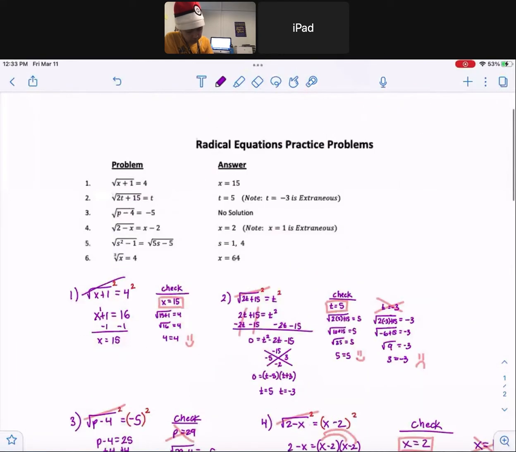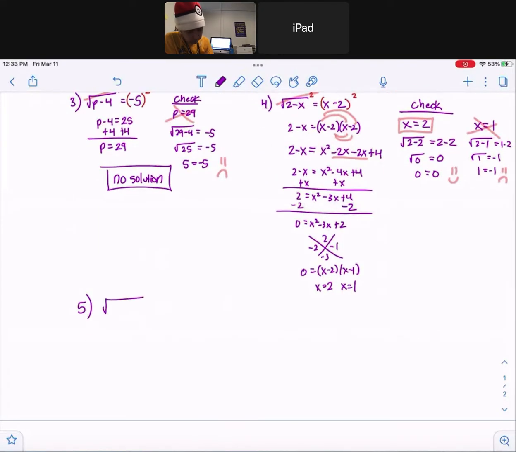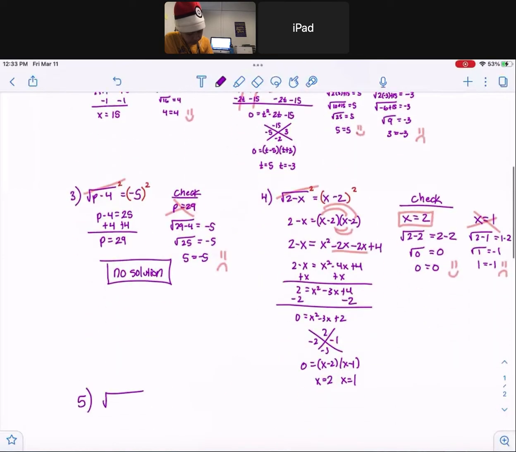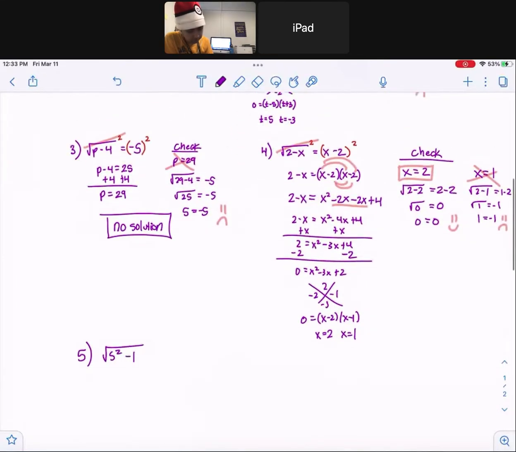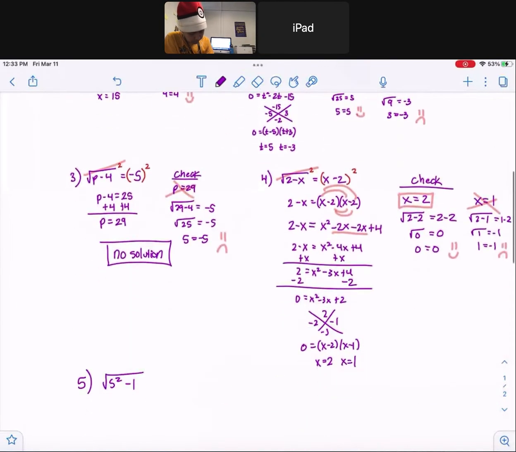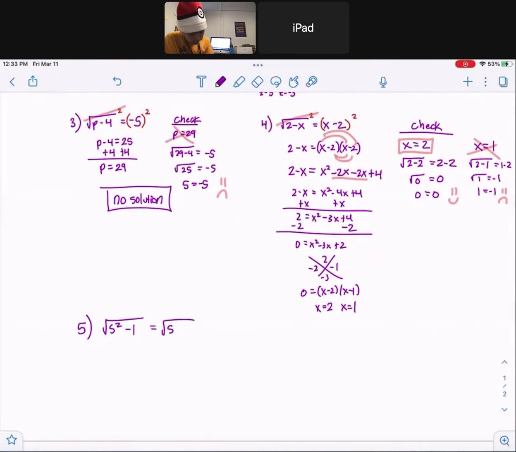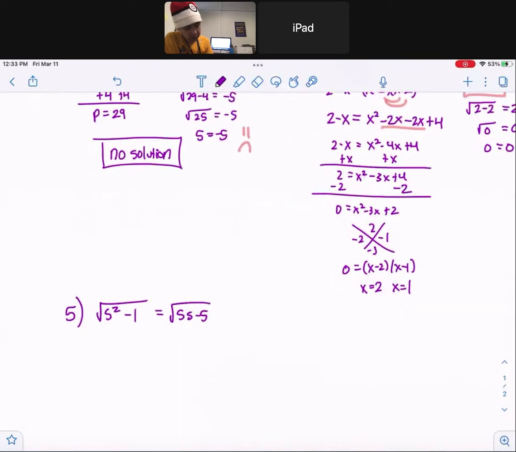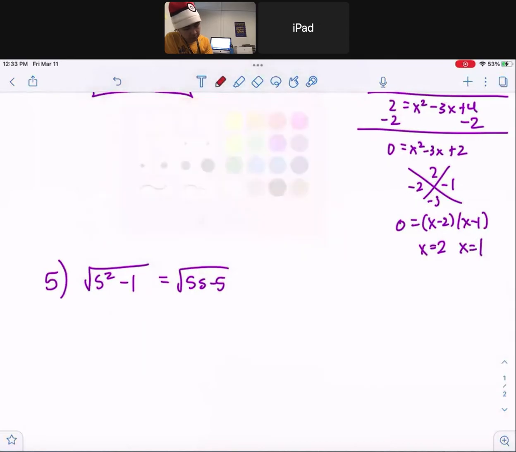Number 5. So we got the square root of s squared minus 1 and the square root of 5s minus 5. So I mean, they're both isolated, guys, on both sides, so all we gotta do is just raise both sides to the second power. Now look, both of those get eliminated, so you guys are just left with s squared minus 1 equals 5s minus 5.